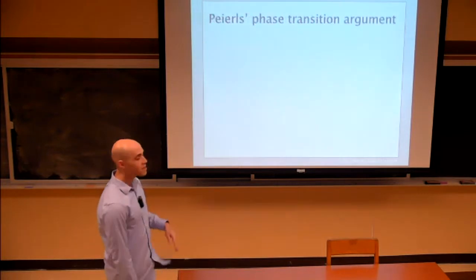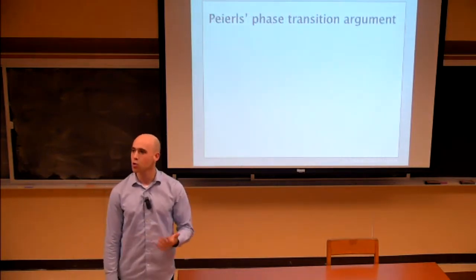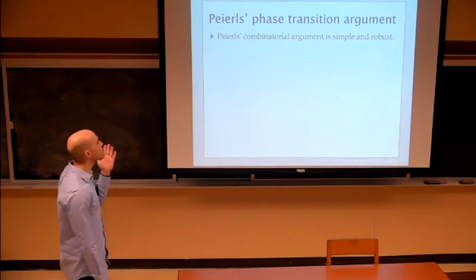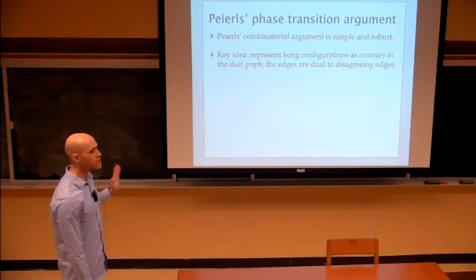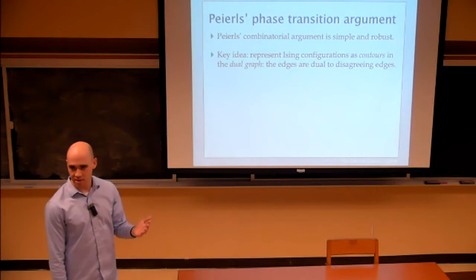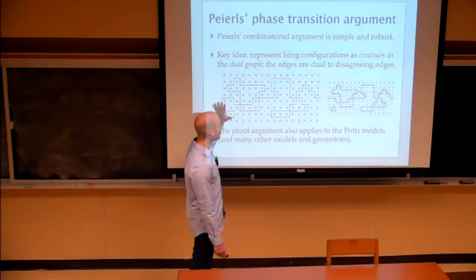And this showed that in dimensions 2 or higher, you do have a phase transition. And Peierls's argument is beautiful and it's robust. It applies to many other models and many other geometries, and it rests on the following.